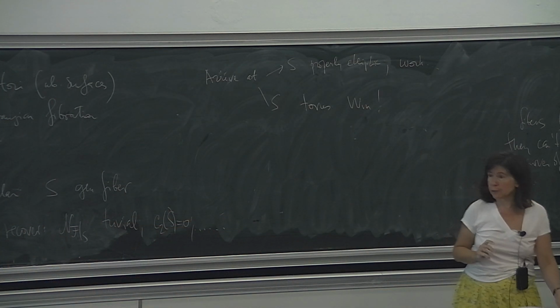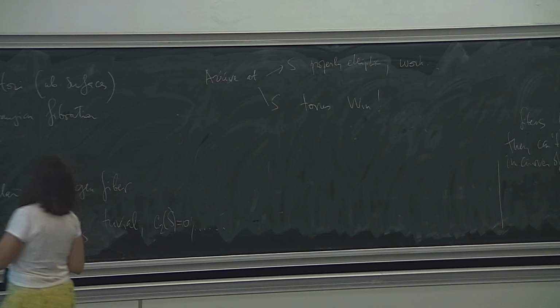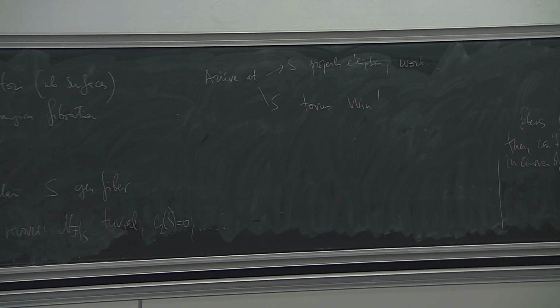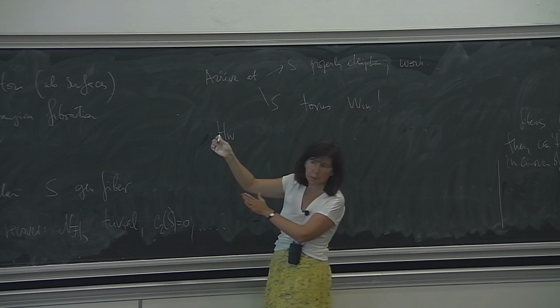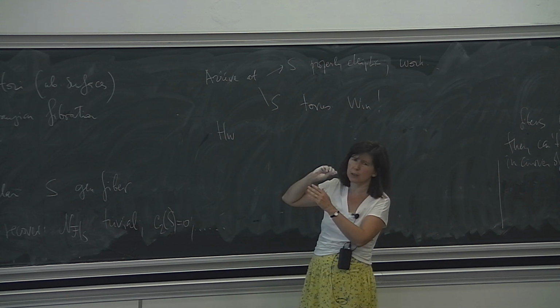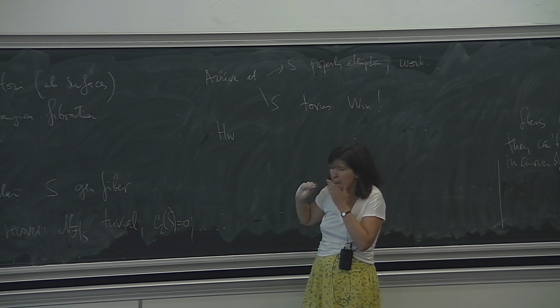Because, in fact, there is a result which says that if you have any Lagrangian torus on an irreducible holomorphic symplectic manifold, it is a fiber of a Lagrangian fibration. Well, in this 4-dimensional case, you don't even need this result. I mean, the result is easy in dimension 4, and actually is due to myself.